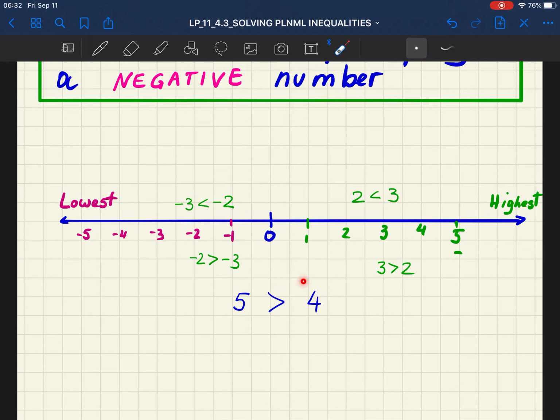If we transfer 5 to the other side and 4 to the left side, our inequality changes to negative 4 on one side and negative 5 on the other. When we compare them, negative 4 is to the right of negative 5, so negative 4 is still bigger than negative 5. Notice that nothing happens when we transfer the terms from one side to the other. The inequality is maintained.